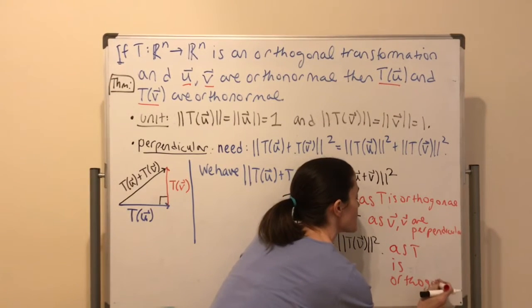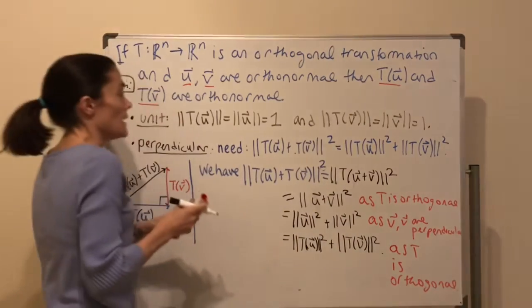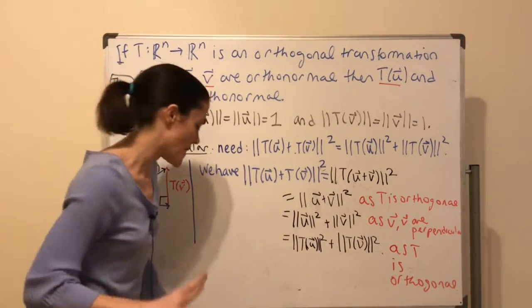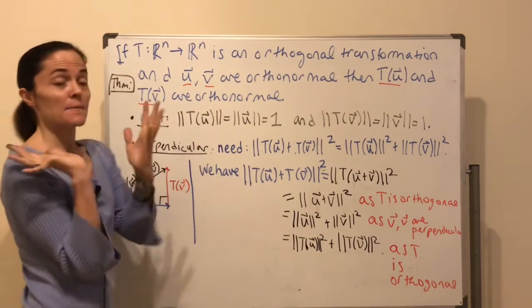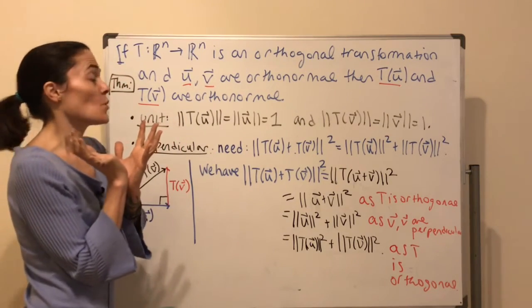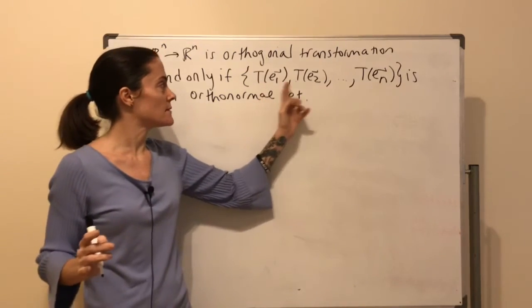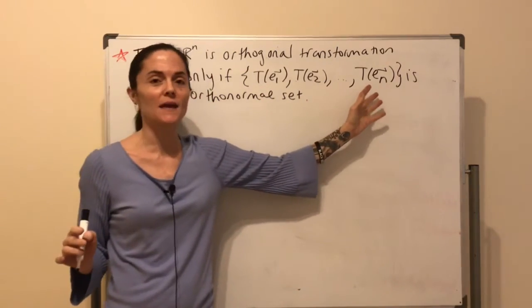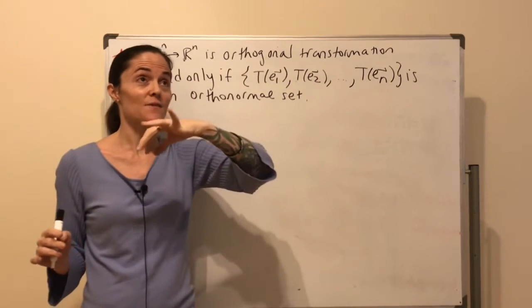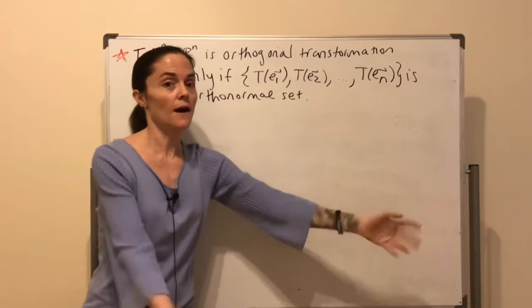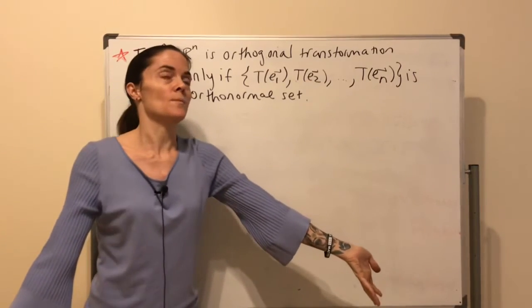So what we see from this is when we have an orthogonal transformation, it maps orthonormal vectors to orthonormal vectors. Certainly, these would all be orthonormal because the standard vectors E1 through En are an orthonormal collection, and so T of all of those would be an orthonormal collection.